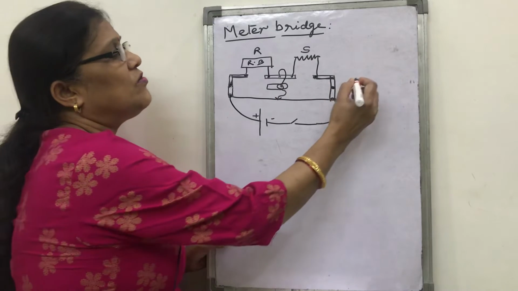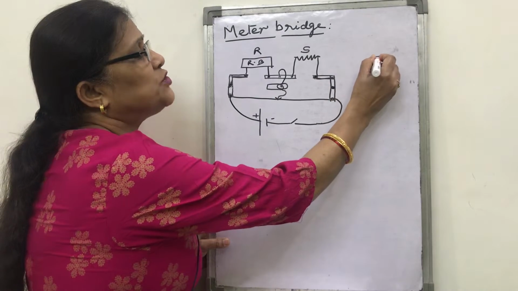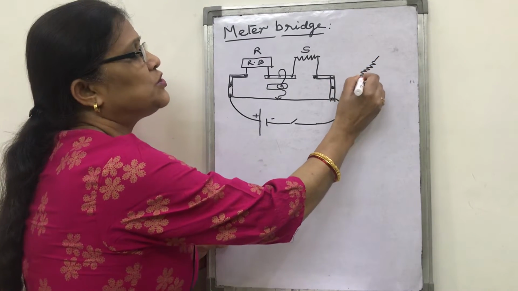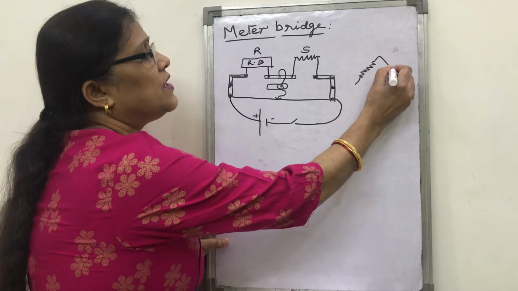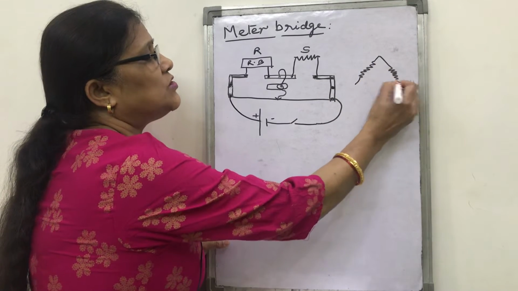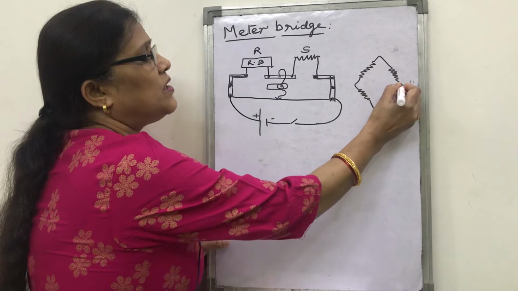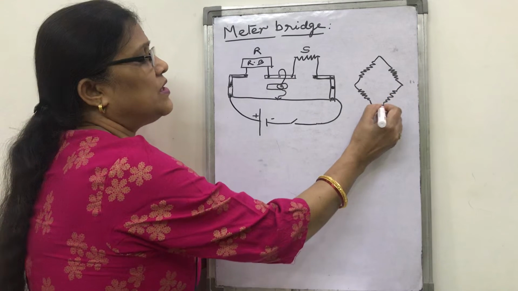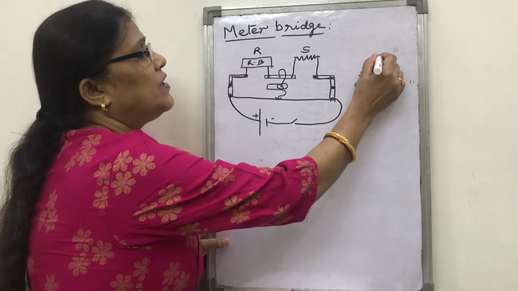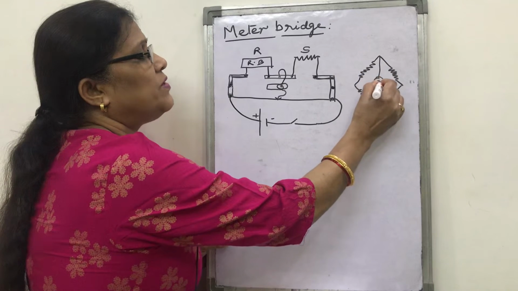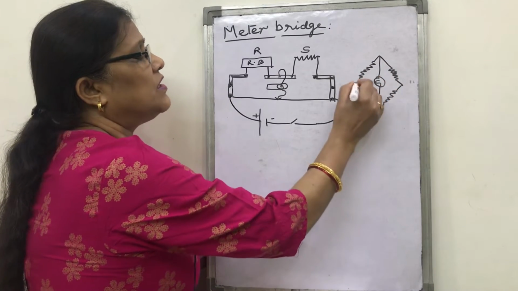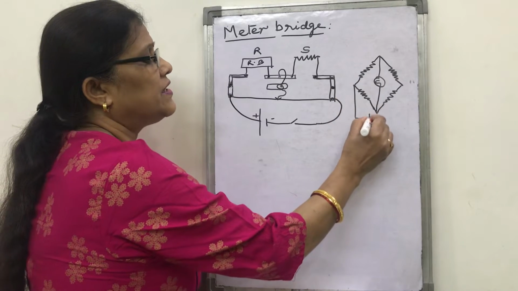Now we compare this experiment with Wheatstone's bridge. We have read that 4 resistances are joined to represent the 4 sides of a parallelogram or any quadrilateral, and in one diagonal a galvanometer and in the other diagonal a cell is connected.